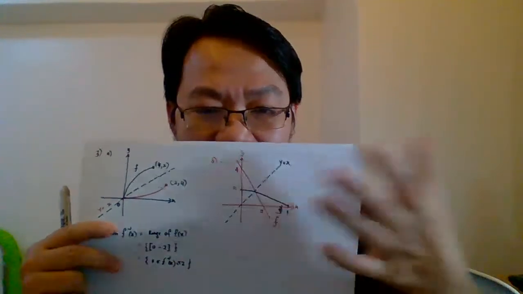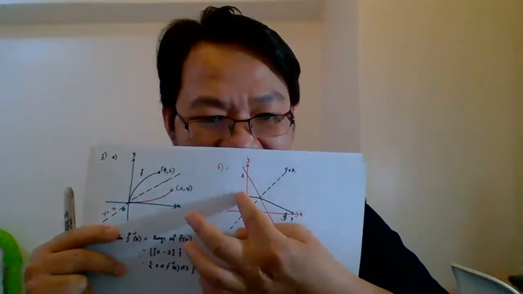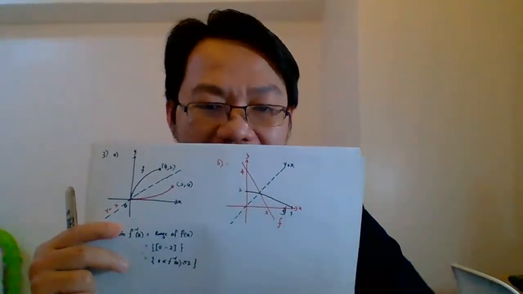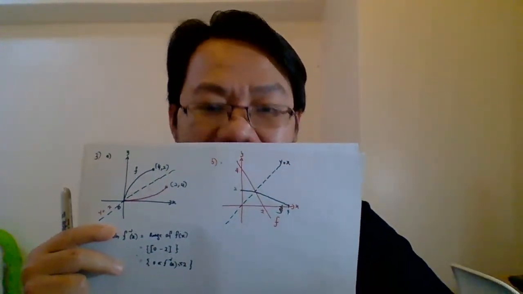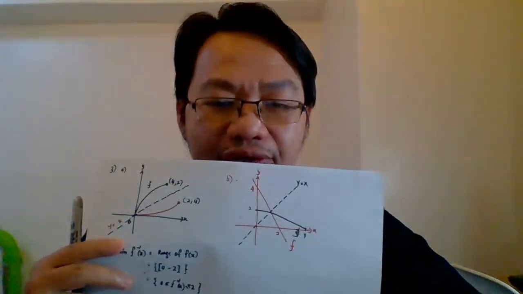So you also must have them on the x-axis. Same thing, and then just connect these 2 and 4. Then, tada, you get your reflection of the graph f. So the black color we call f inverse. That's all.